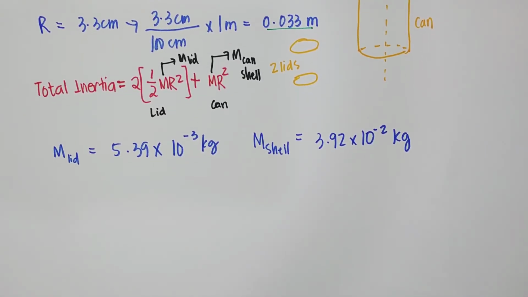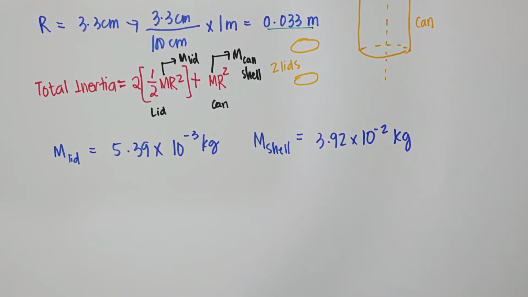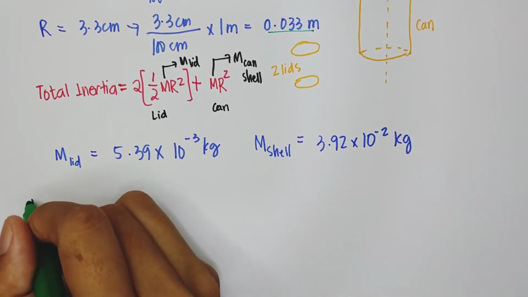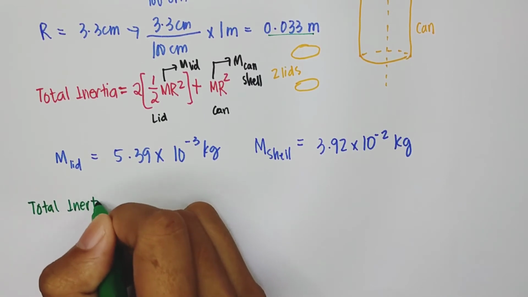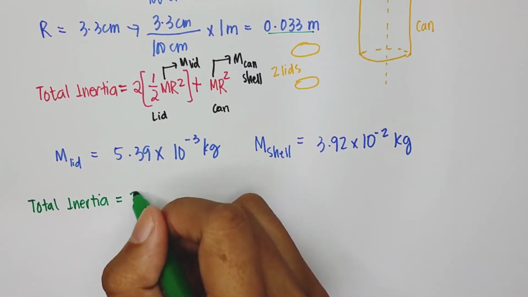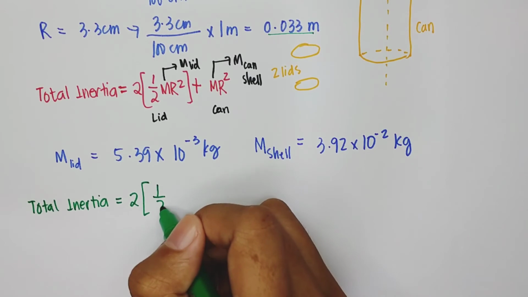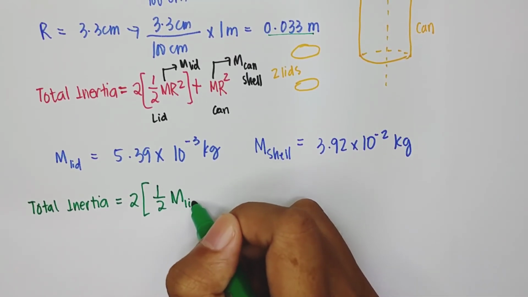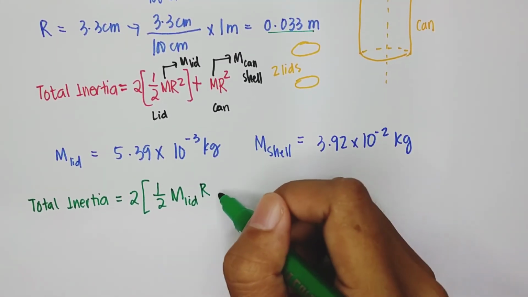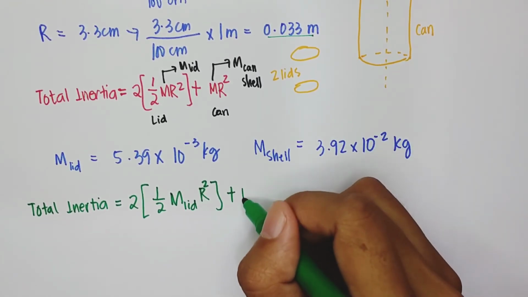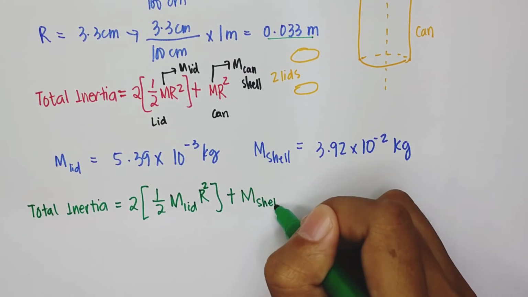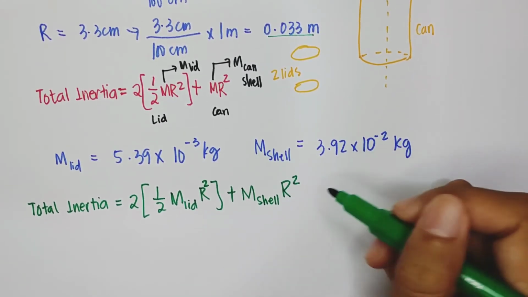Total inertia will be equal to 2 times one half m lead r squared plus m shell r squared.